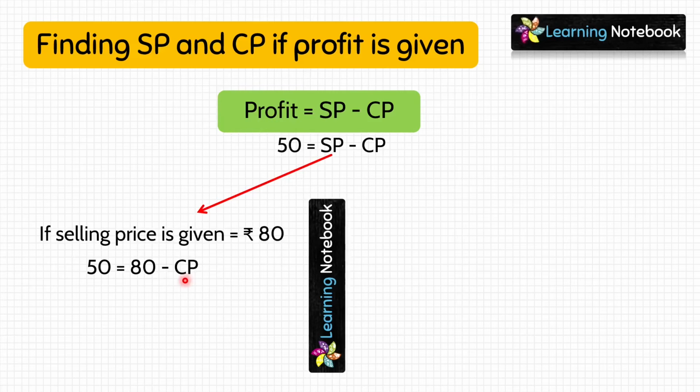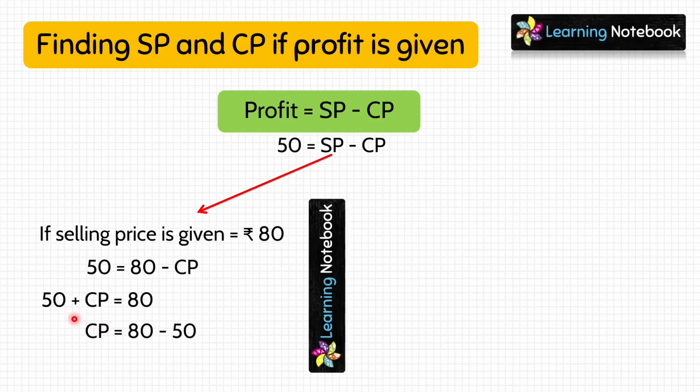Now students, to calculate cost price, we will first shift this CP to the left hand side, and on shifting, its sign changes from negative to positive. So we get 50 plus CP equals to 80. Now we will shift 50 to the right hand side.